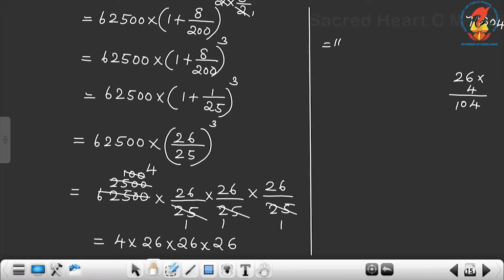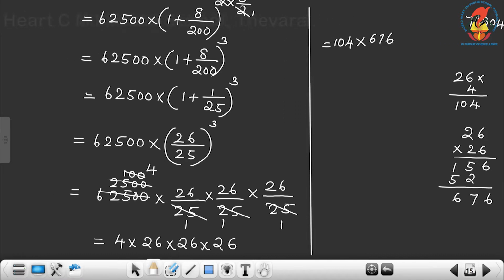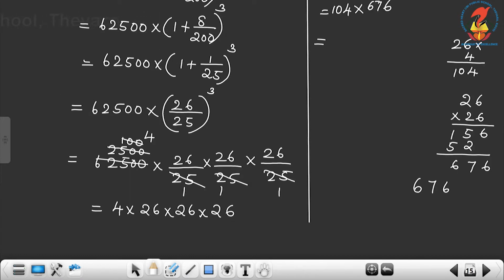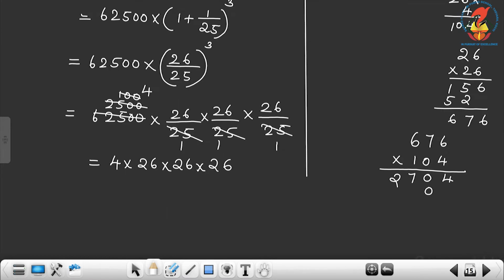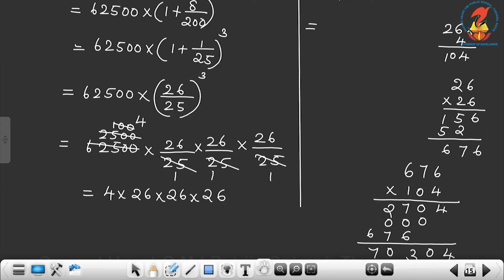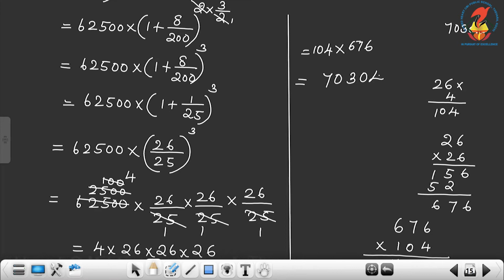So 104 into, again 26 into 26, 676. Now we have to find out 676 into 104. 70,304.